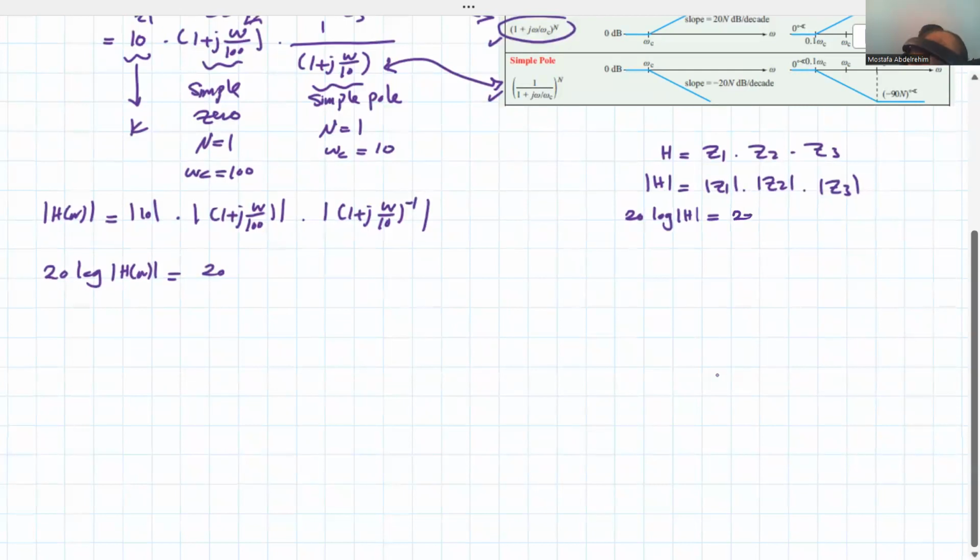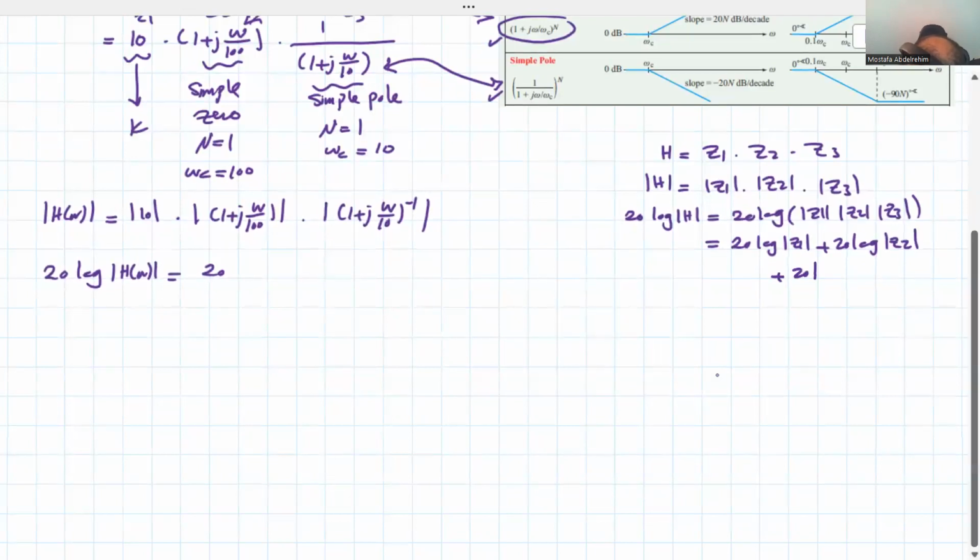When you take 20 log of a product of 1, 2, 3, you can add them. That's exactly what we're going to do here. So that's 20 log 10. Of course, the magnitude of 10 is 10.